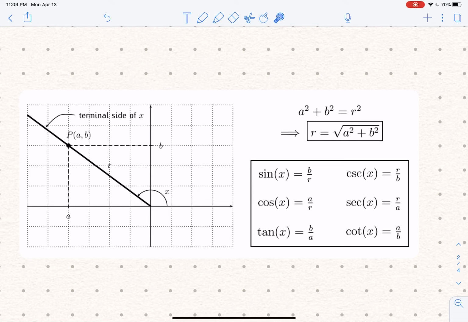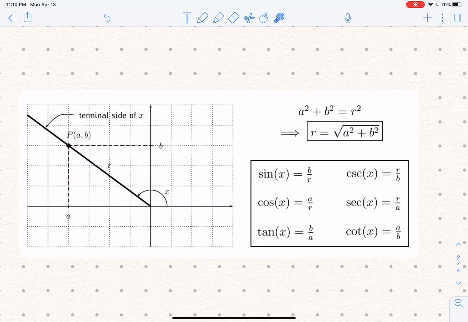Now, what's going to be useful to us here is that we allow this point a, b to be essentially any point, and in particular, the x and the y can be positive or negative. And that means that we might have that point in the second quadrant, in the third, in the fourth, or in the first quadrant. It could be anywhere. And that means that these sides we're looking at, we're going to associate with them either positive or negative numbers.